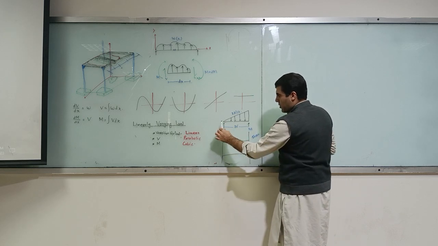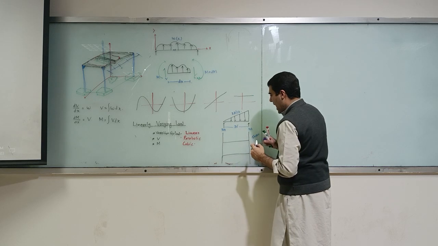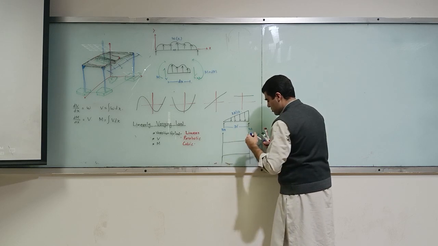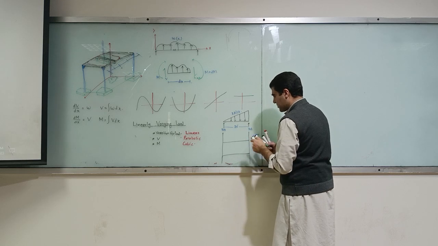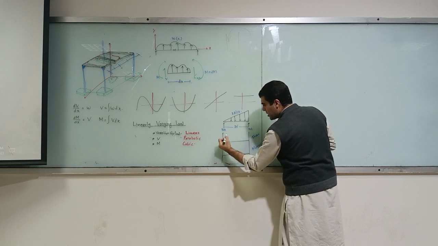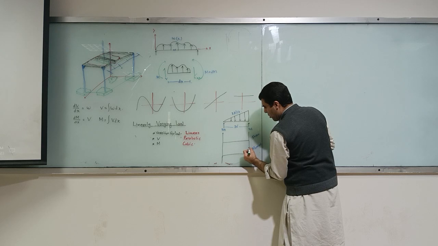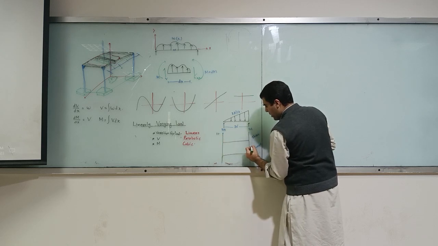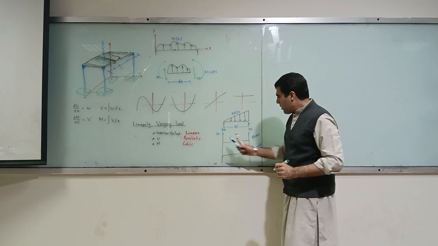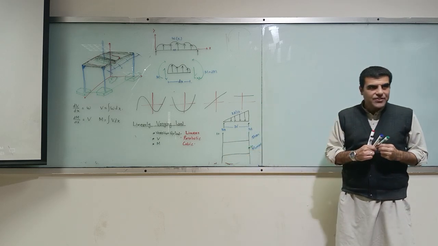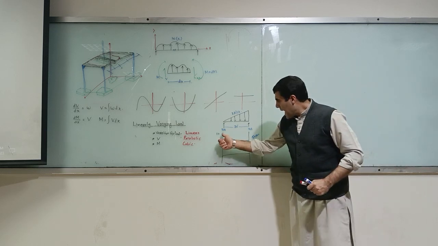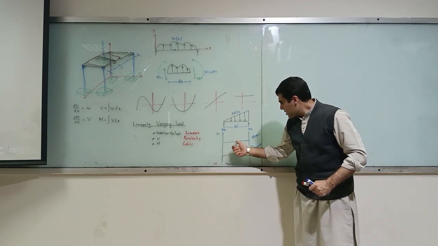Now, first of all, we would have this one move to 10. And over here we would have 10, and over here we would have 20. Now, how should I join?